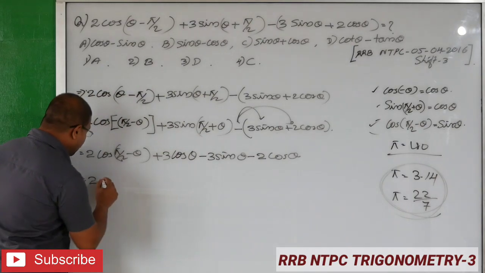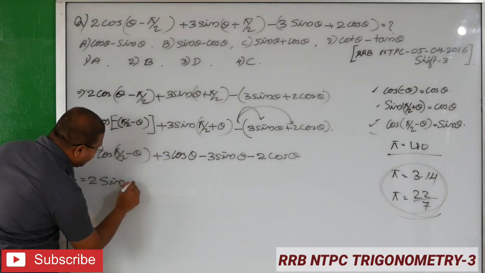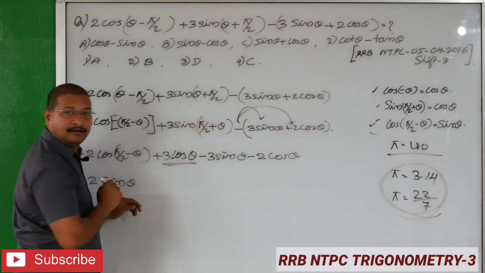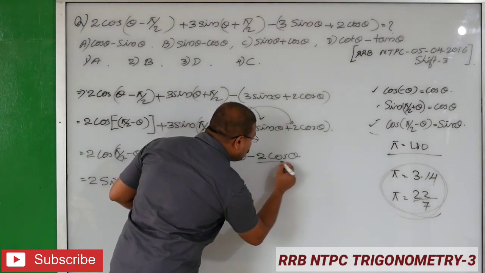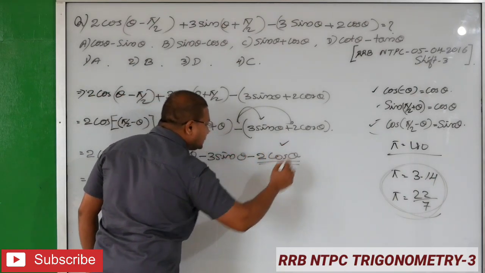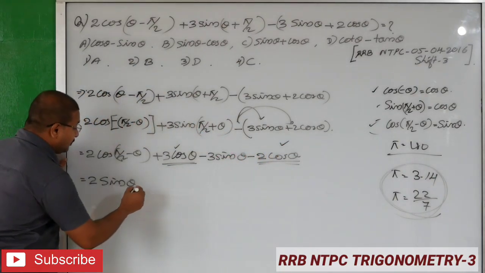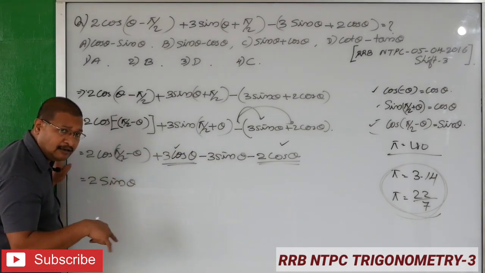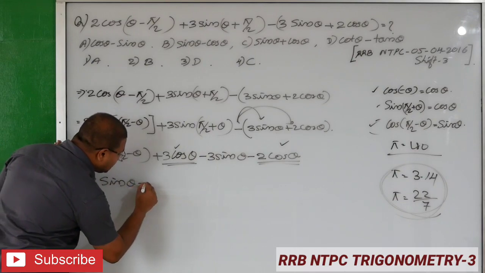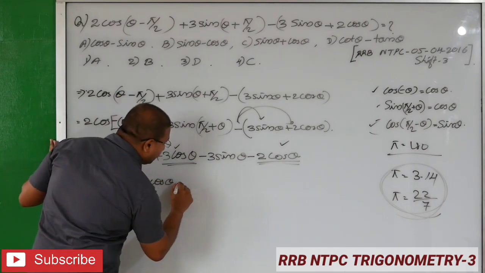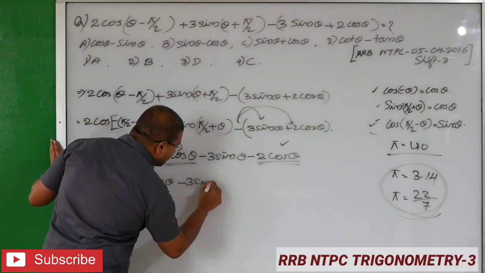That means you'll write 2 sin theta. Now 3 cos theta minus 2 cos theta. See, 3 minus 2 is 1. 1 cos theta means cos theta, that means plus cos theta. Balance minus 3 sin theta.